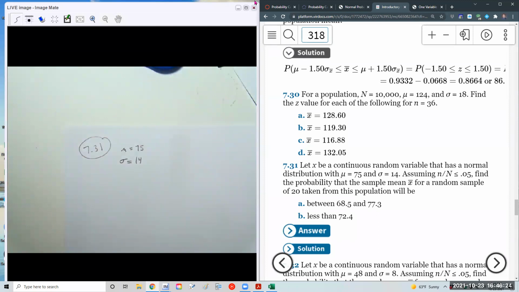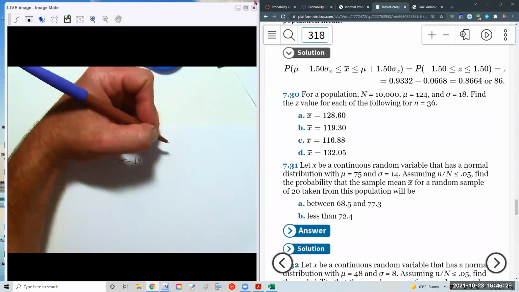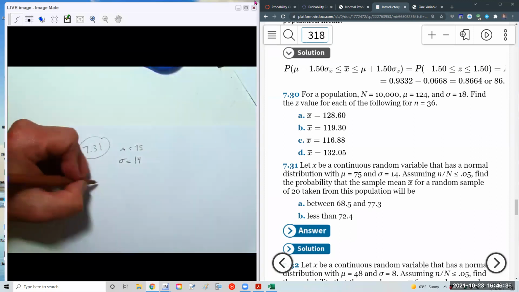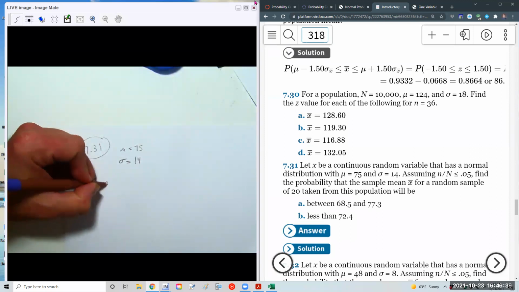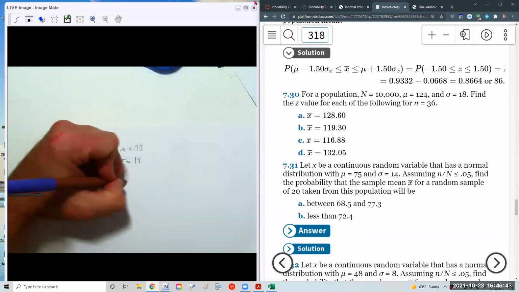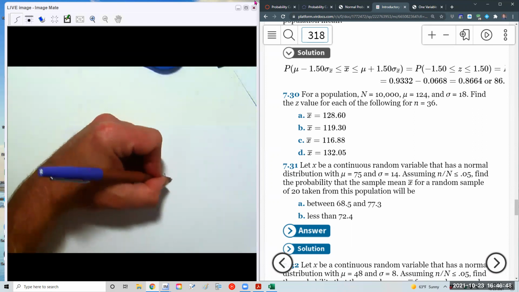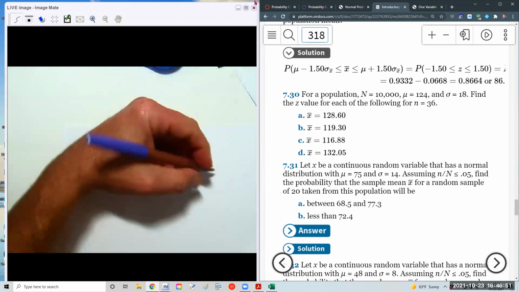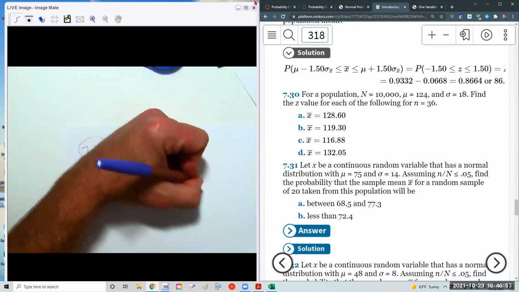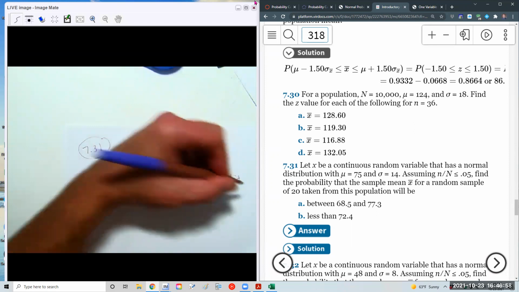Okay, so there's a lot going on there. So we know a couple of things here. Since x is normally distributed, the sampling distribution is normal.